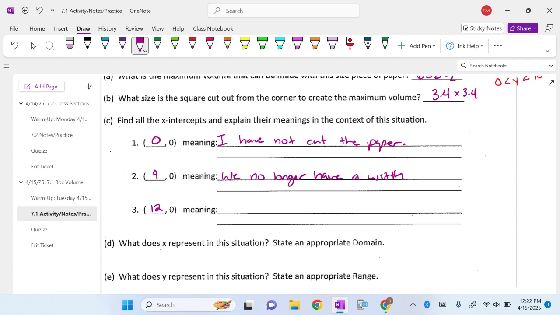So it was 24, right? And 12 is what to 24? So what do you think happens if I cut a 12 by 12 box? We no longer have a length.